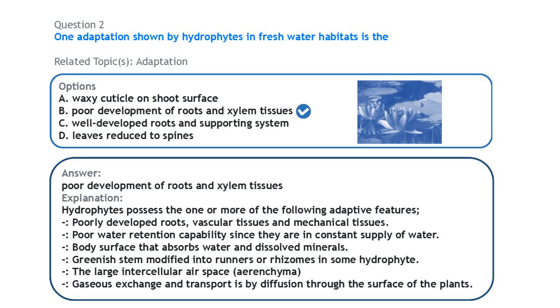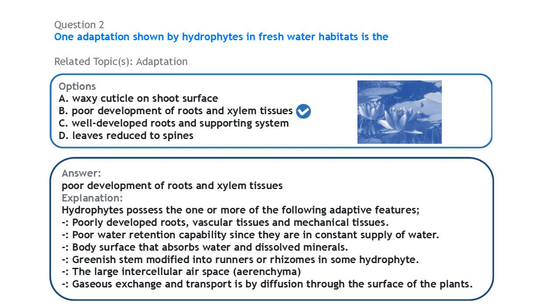The roots primarily function in obtaining water from the soil, which the plant uses in photosynthesis, while the xylem tissue is one of the conducting tissues in plants, and it carries water or dissolved ions from the root to the shoot.